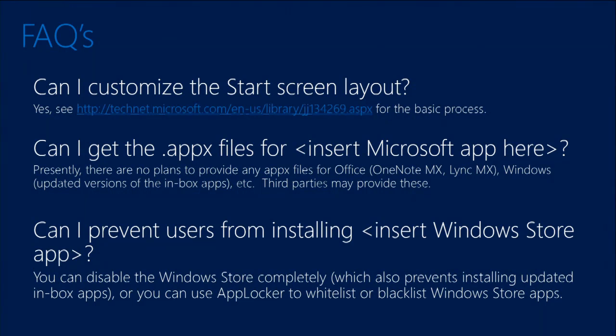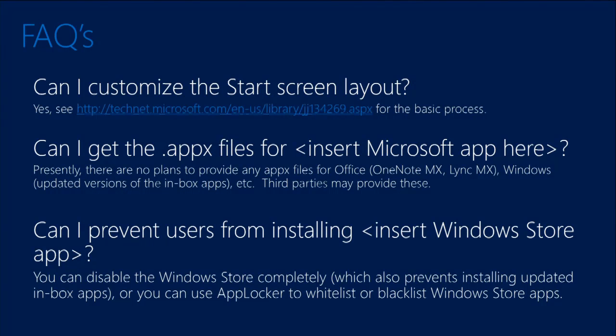The next challenge becomes, well, let's say I've turned off the Windows Store because I don't want my users to go out to the Windows Store. There are some apps in the Windows Store that I would like to have in my enterprise app store, like maybe OneNote or Lync or Skype or any of the other apps that are currently out in the Windows Store. In order to sideload the applications through your own enterprise app store, you need to have the AppX files.